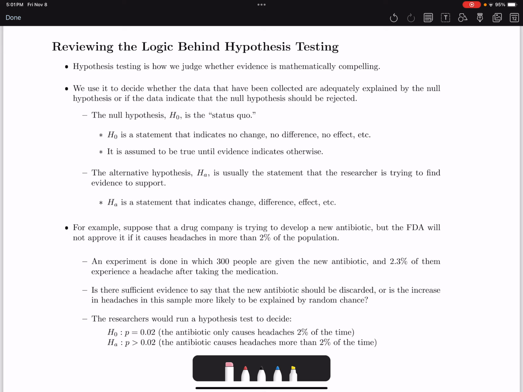The null hypothesis, H null, is the status quo. It's what we assume to be true until we have evidence otherwise, so it's a statement of no change, no difference, no effect. The alternative hypothesis, H A, is usually the statement that the researcher is trying to find evidence to support, and of course it indicates change, difference, and effect.